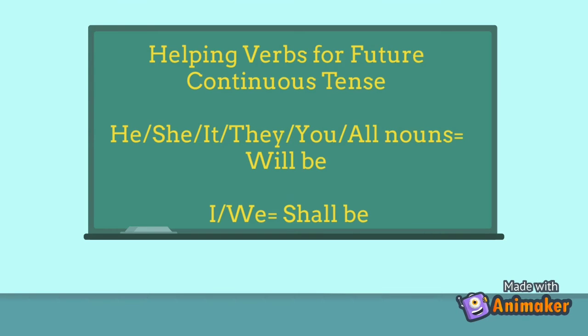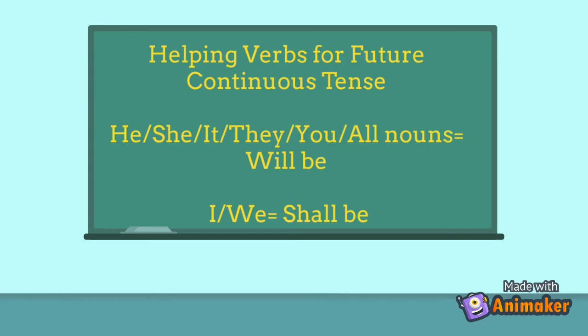We use will be with all the nouns and pronouns, but we use shall only with I and we. We don't use shall with other nouns or pronouns, but we sometimes can use will with I and we.